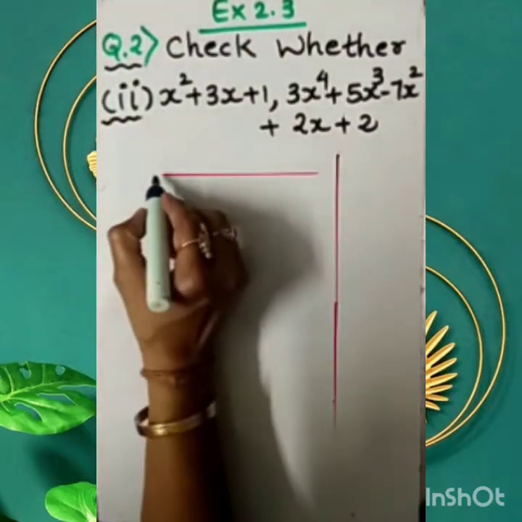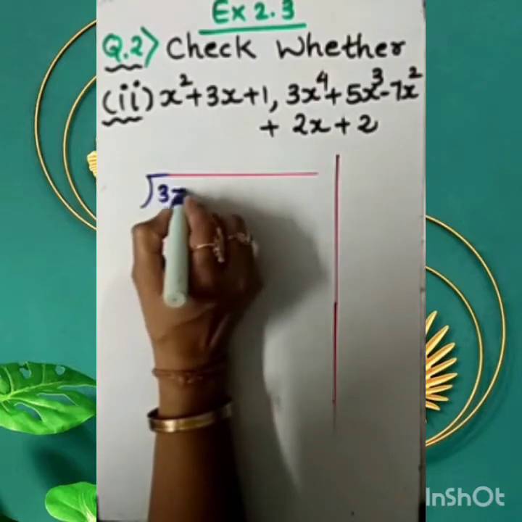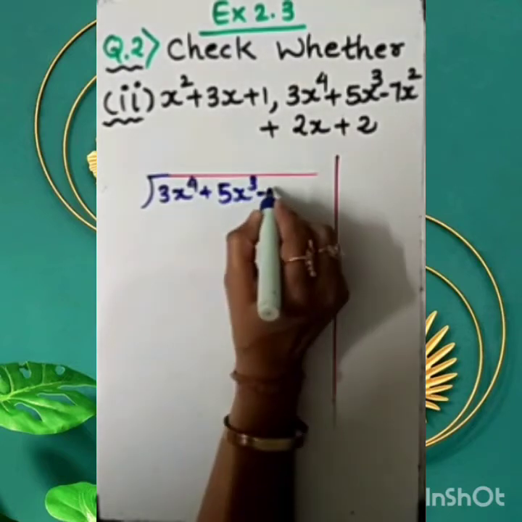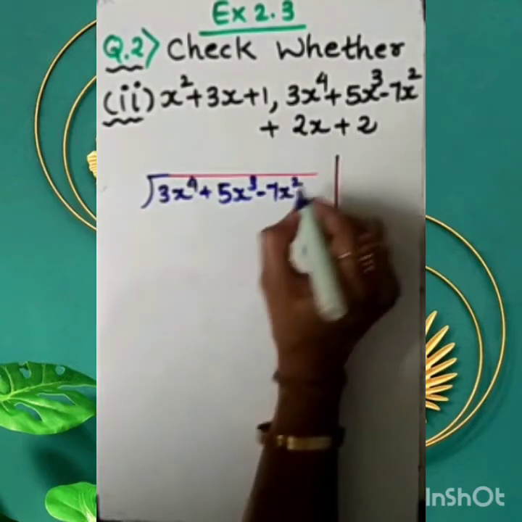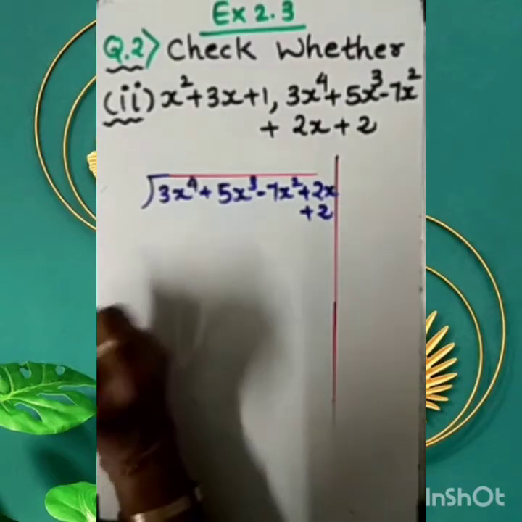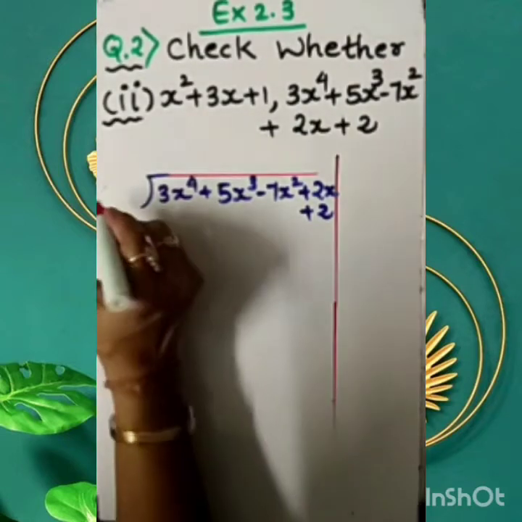According to the question, I need to mention 3x to the power 4 plus 5x cube minus 7x square plus 2x plus 2. I am writing it here, and we are going to divide it by x square plus 3x plus 1.